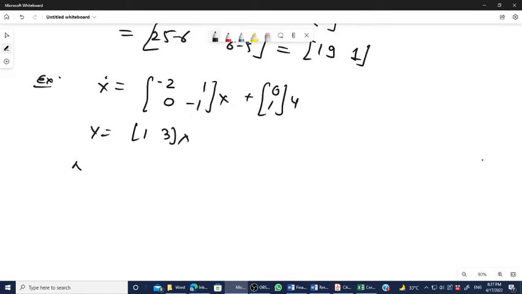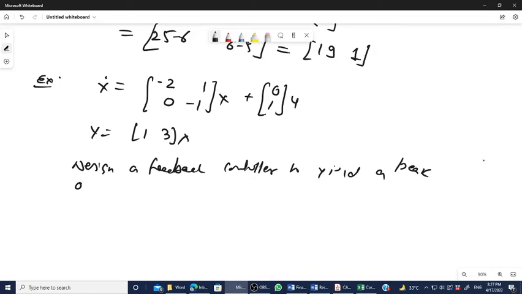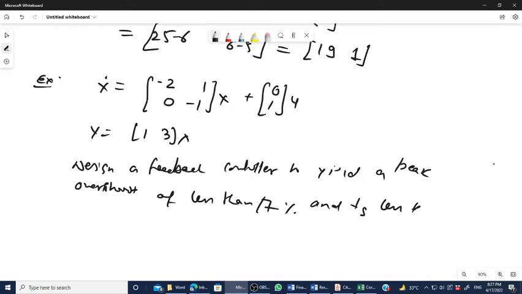So the question is to design a feedback controller to yield a peak overshoot of less than 17% and settling time less than 0.5 seconds.